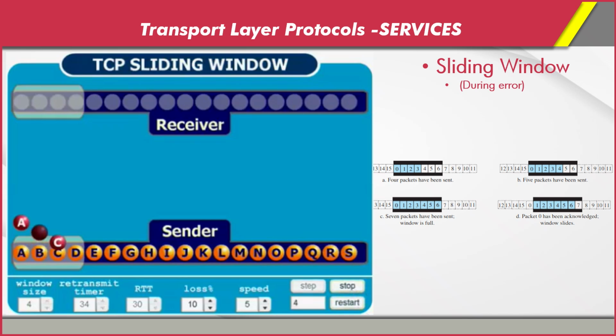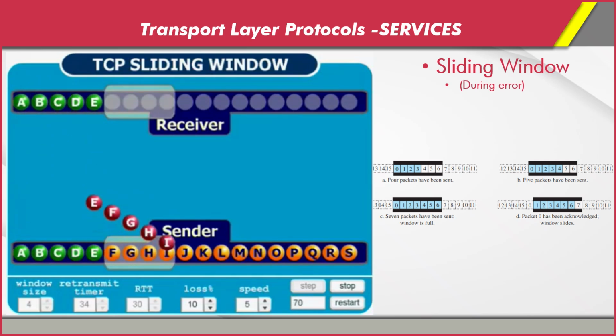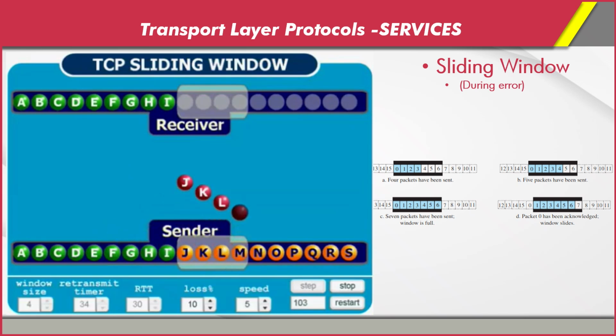In this animation, we can see the possibilities of errors that could happen in TCP sliding window. First, ABCD is sent from the sender side to the receiver side, where B is lost somewhere during transmission. So instead of B, A sends acknowledgement multiple times, that is 4 times, whereas C and D do not get any acknowledgement.